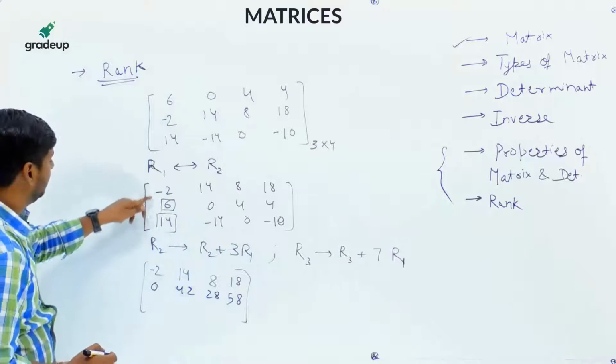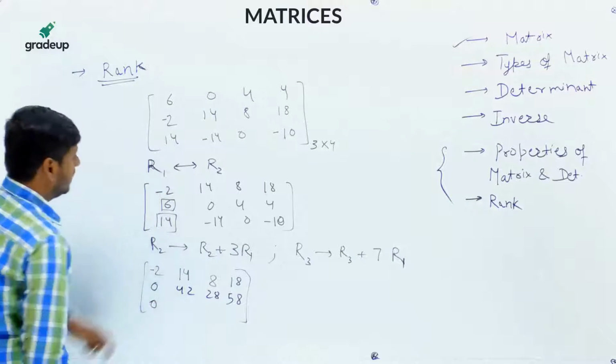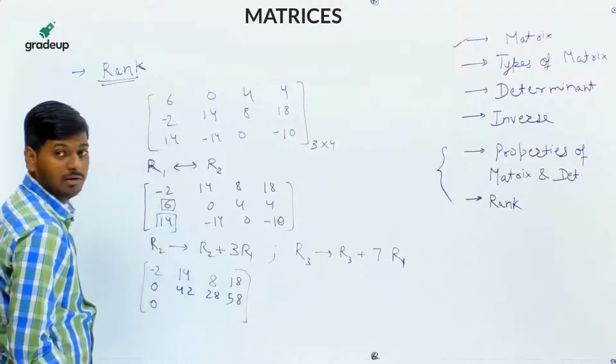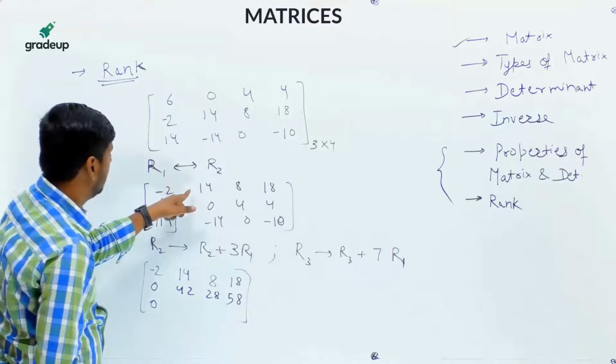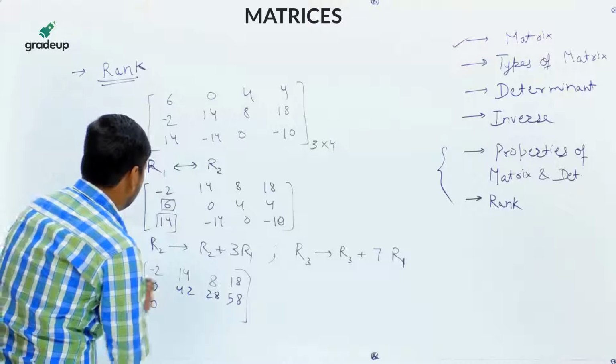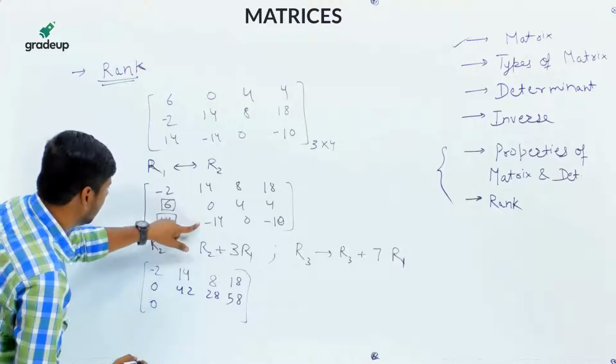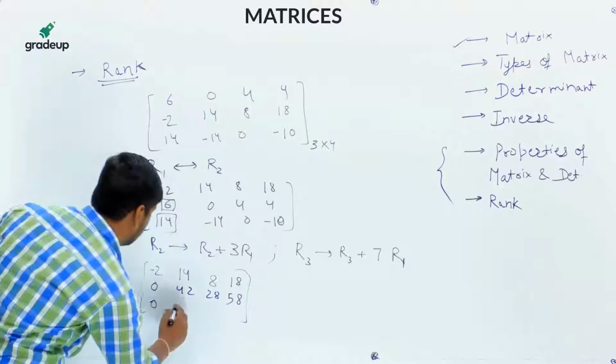Then we get 14 plus 7 into minus 2, 0, minus 14 plus 7 into 14. 7 into 14 is 98. We get minus 14 plus 98, it is 84 here.